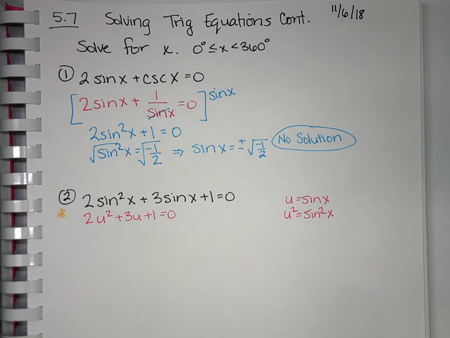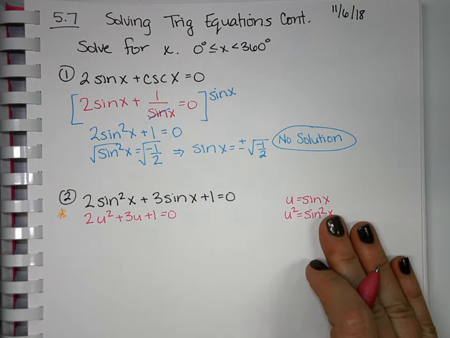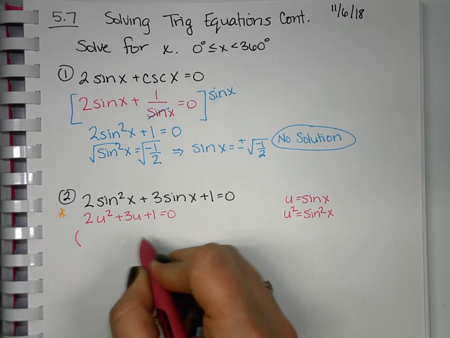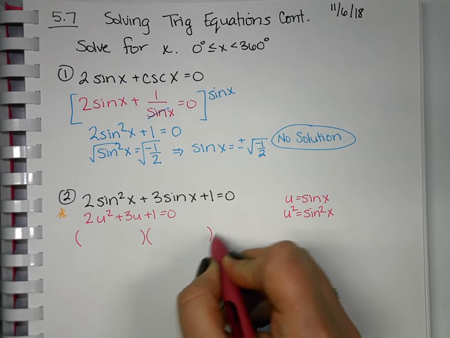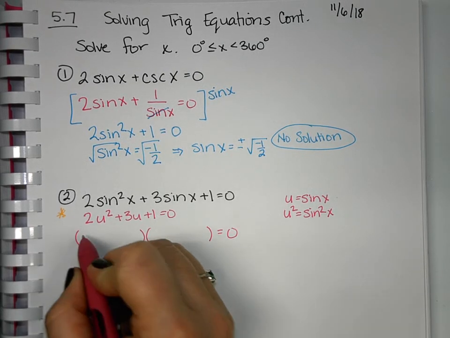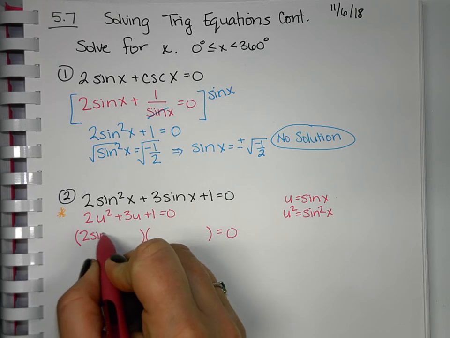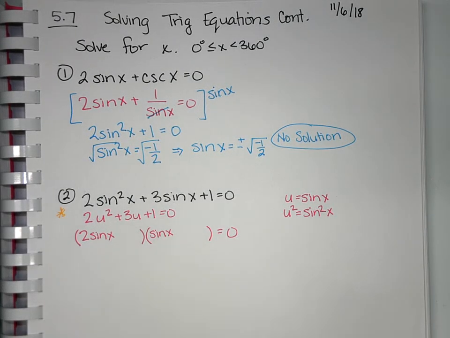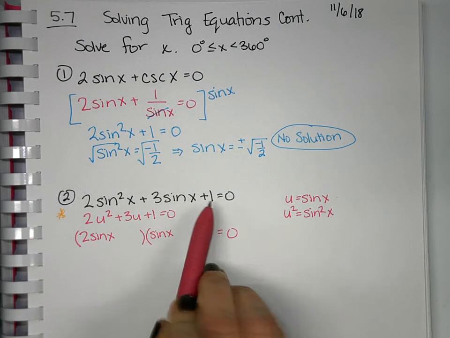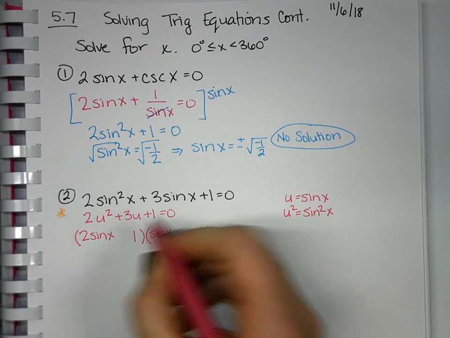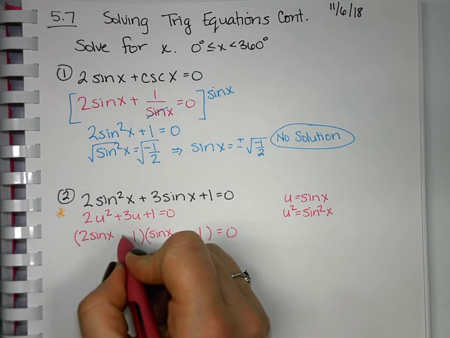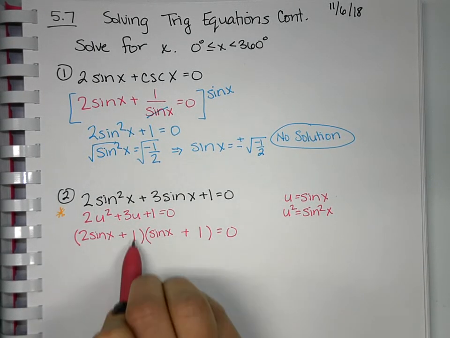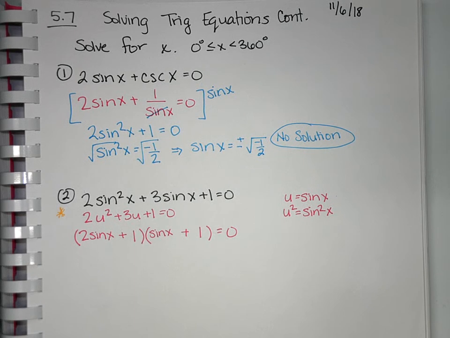If you don't like u substitution, because I know there's some of you in here that don't, you would skip this step and just go straight to your double bubble, leaving room for your sine x. So 2 sine x times sine x, that'll be my first term. And then I'm going to have 1s for my last term, and I need them to add up to 3. So if this is positive and this is positive, I'll get 2 sine x plus 1 sine x equals 3 sine x.